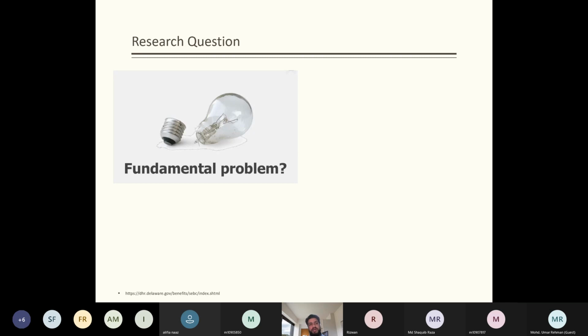One is where you are trying to tackle a fundamental problem, which is basically advances in our understanding of some basic topics, some basic concepts. For example, you are trying to understand a phenomenon, a physical process.